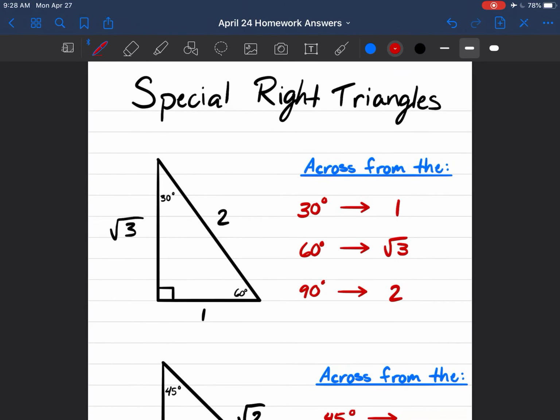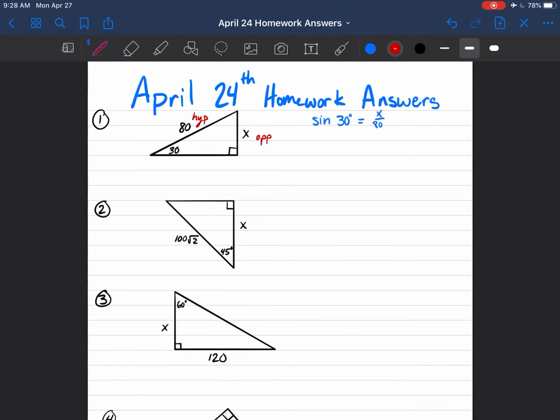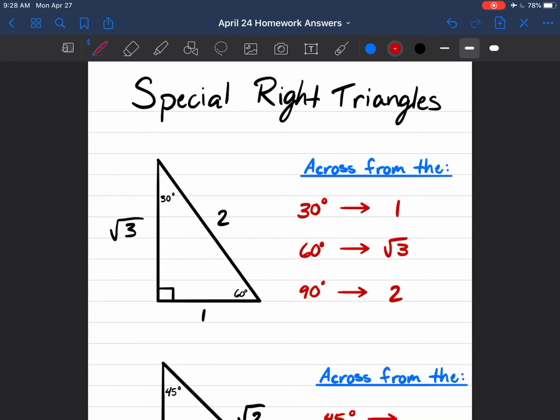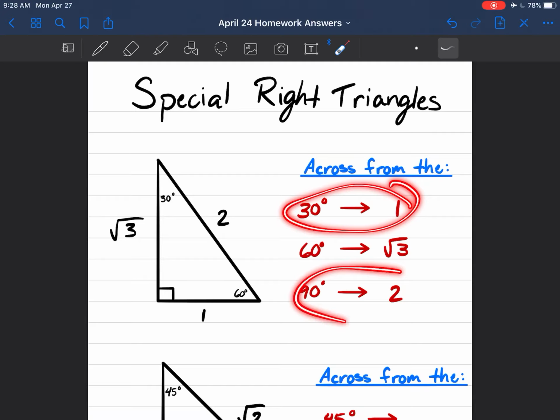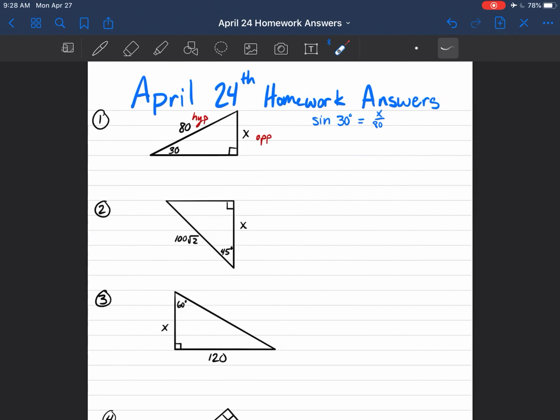So then what do we need? Well, on this triangle, we have a 30-degree angle and the 90. So just remember, across from the 30 is a 1 and across from the 90 is a 2. So that's what we're going to use.